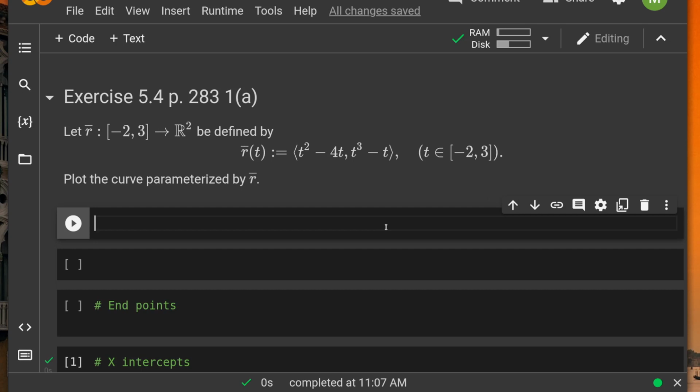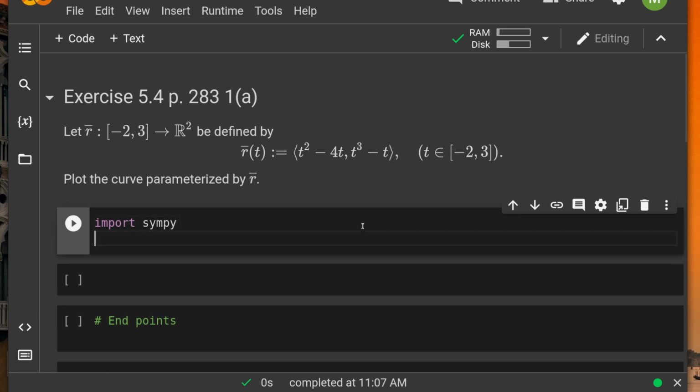Specifically, I'm going to use the Python package called SymPy. What I've got open here is a Google Colab notebook, which you can find fairly easily, just Google for Colab. And in the SymPy package, what are we going to need?